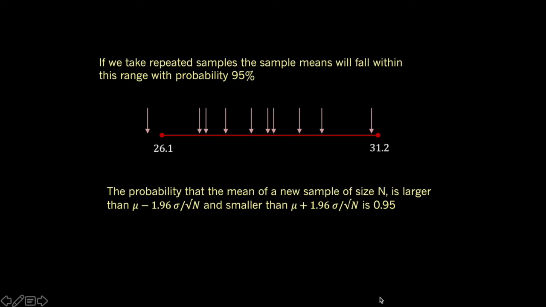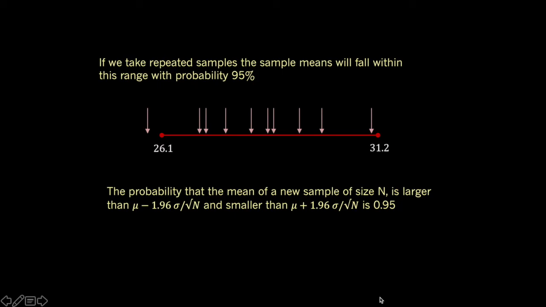So let's state it properly. The probability that the mean of a new sample of size n is larger than mu, the population mean, minus, and now I'm using the exact number, 1.96 times sigma over the square root of n, and smaller than mu plus 1.96 times sigma over the square root of n, is 0.95.